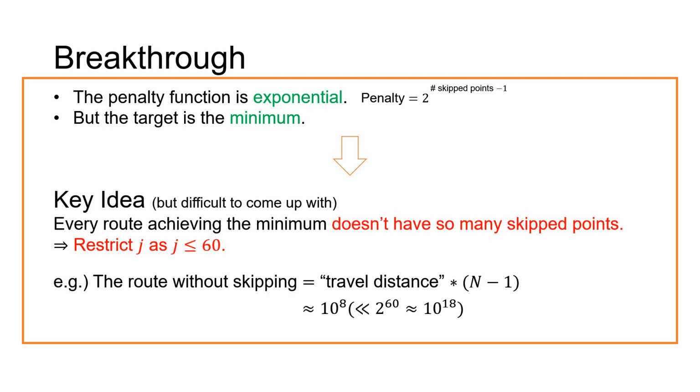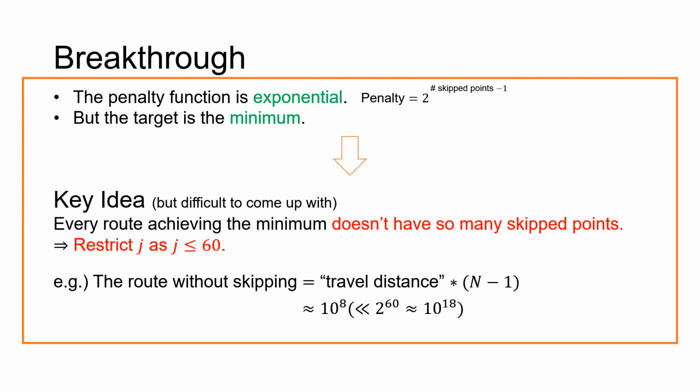This is the most difficult part to come up with in the problem. We should pay attention to two facts. First, the penalty function is exponential. The penalty comes to so big if we skip several points. Next, our target is to find the minimum cost.